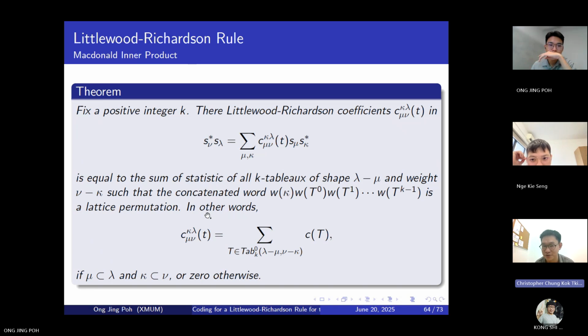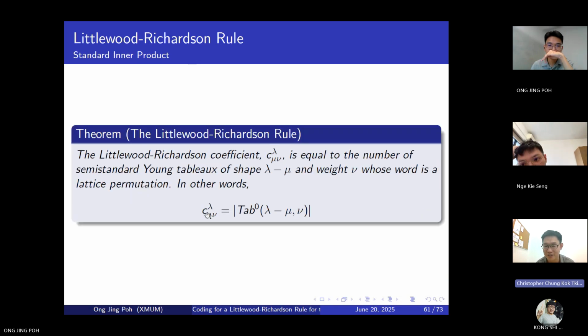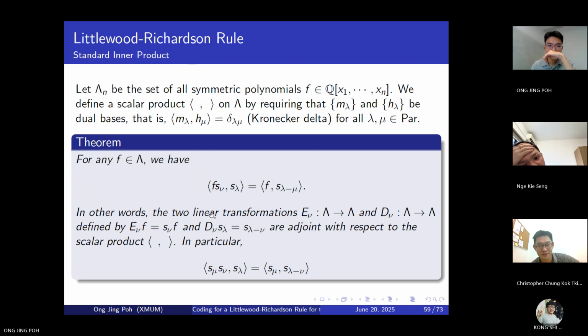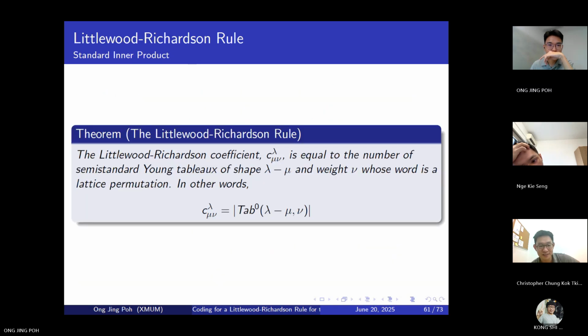Are they non-negative? Yeah, this one. You can use either definition that you want. This is non-negative because by this theorem, it just counts the number of semi-standard Young tableaux, so it should not be negative. Yeah, that's correct. Yes.